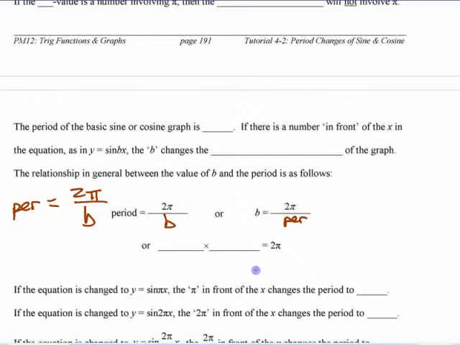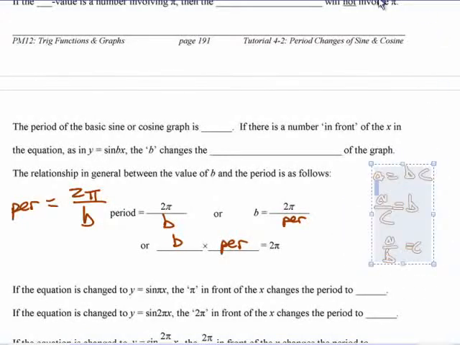Or you could say that the two of the things have to multiply to 2 pi. b times the period has to multiply to 2 pi. Just like any other formula, if you say that a is equal to b times c, you could write it as b is a over c, or you could write it as c is a over b. There's 3 ways to write that same formula.